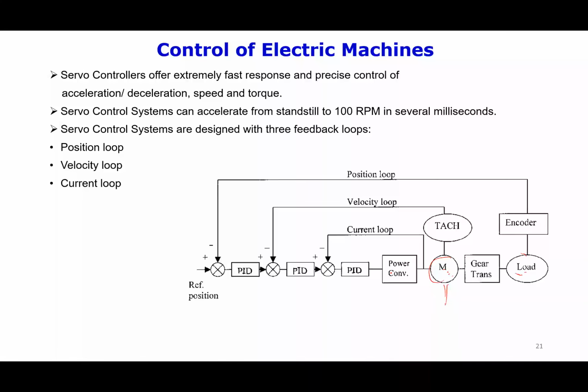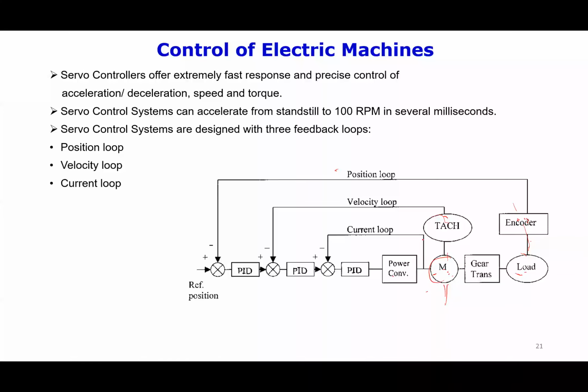And the power converter feeds the motor with variable voltage and variable frequency. Okay, so we have the position information, then we have the speed information from a tacho generator. This is the position information from the load, position sensor signal.